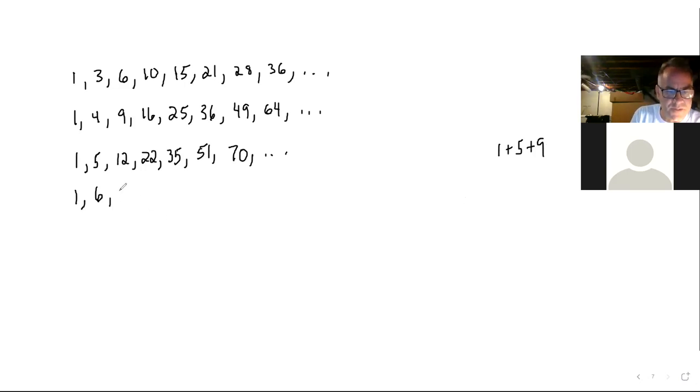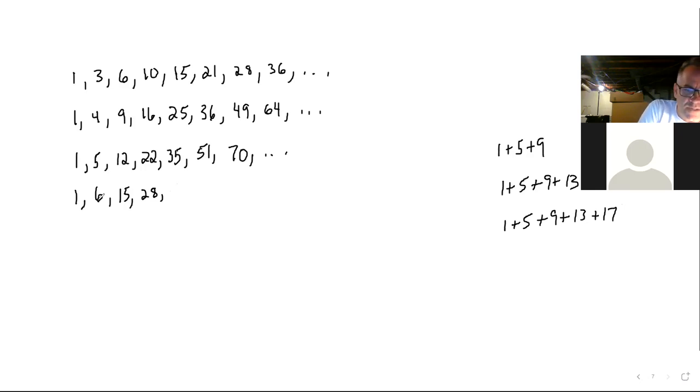And 9 plus 6 is 15. Then the fourth term would be 1 plus 5 plus 9 plus 13. If I added 13 to 15, I'm going to end up with 28. And so the next term would be 1 plus 5 plus 9 plus 13 plus, remembering gaps of 4, a 17. And 28 plus 17 is 45.